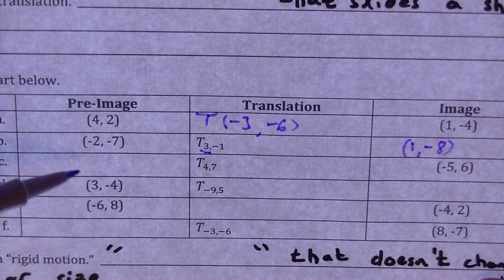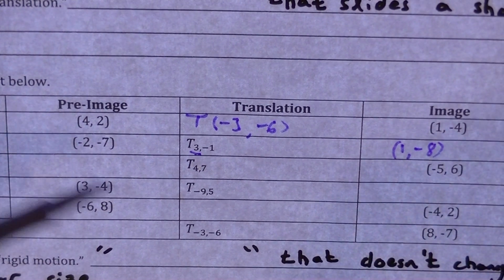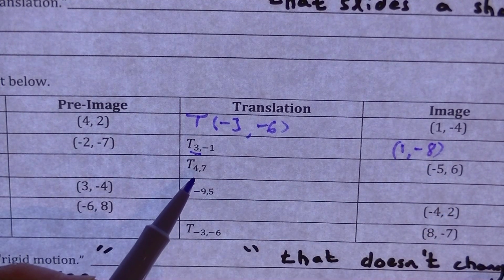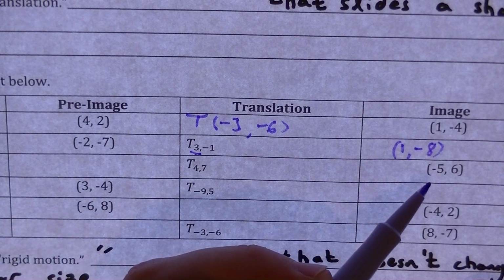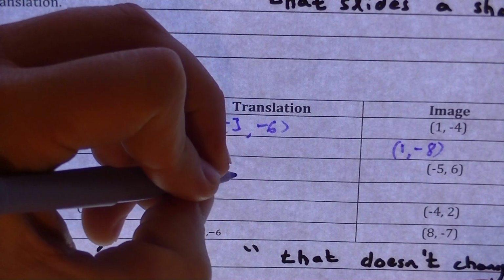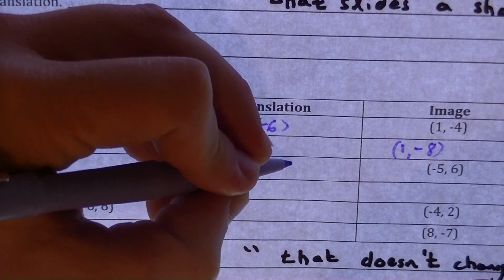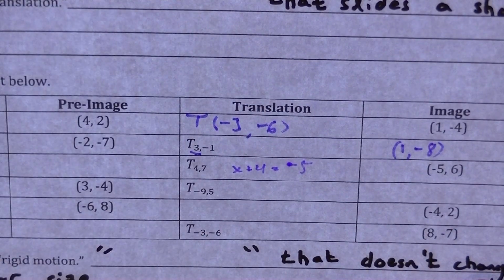Now, here I start at something. I ended up at (negative 5, 6). And that was after a translation of positive 4. What did I need to start with that I add 4 to and end up at negative 5? I can think of it as x plus 4 equals negative 5.